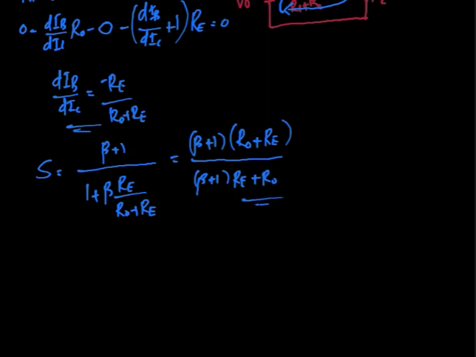So this is the stability factor for a voltage divider biasing circuit.